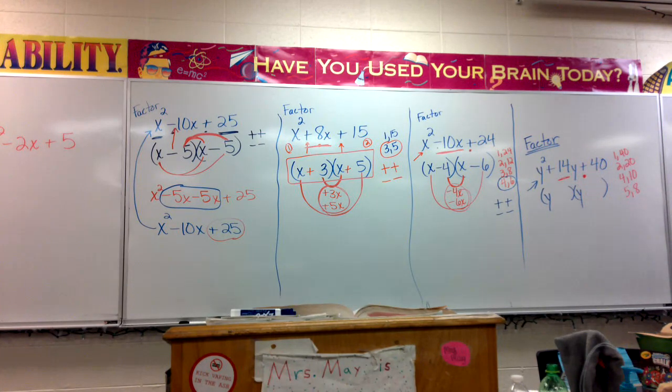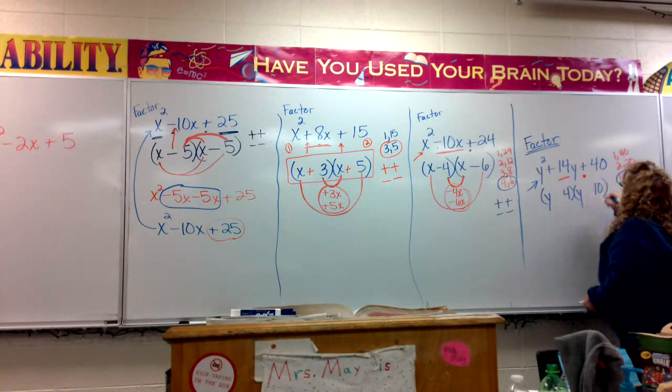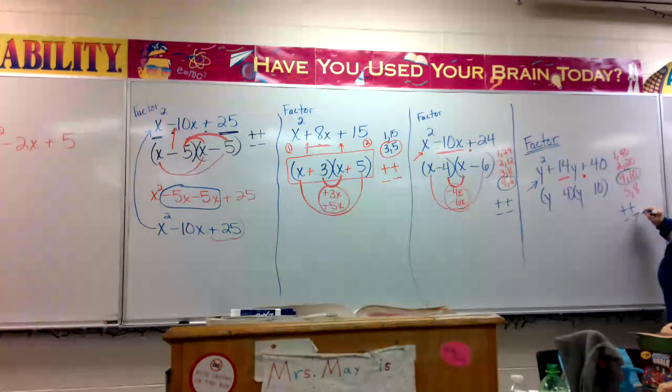4 and 10. Is he right? He says 4 and 10. Does that add to 14? Yes. So I know it's going to be 4 and 10. What about the signs? Raise your hand if you know what the signs are going to be. It's a positive here, so either plus plus or minus minus.